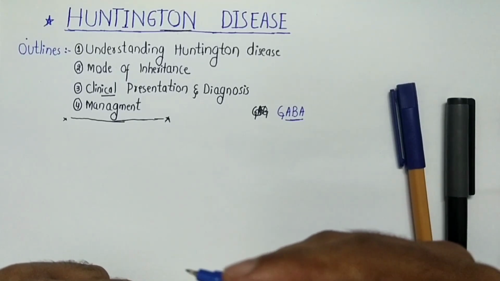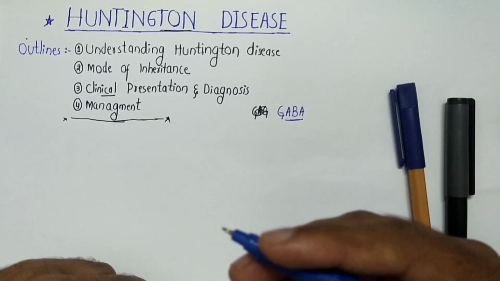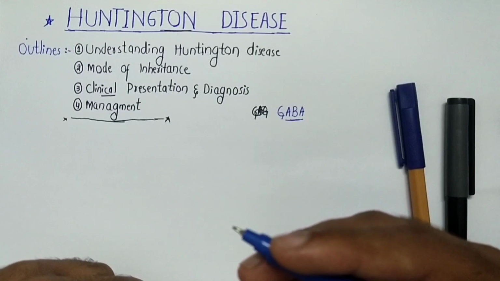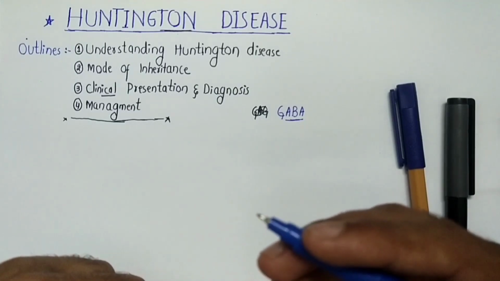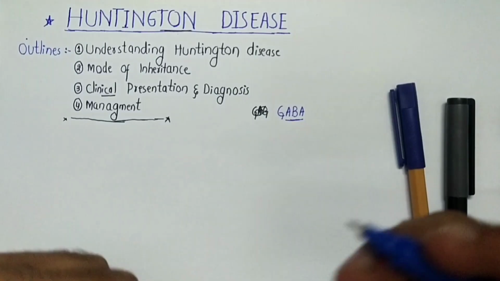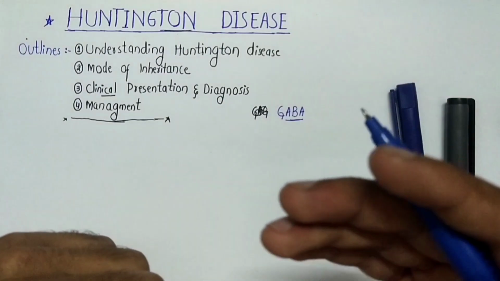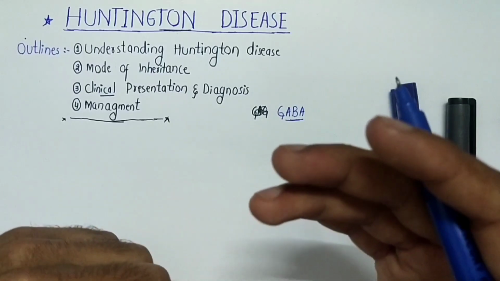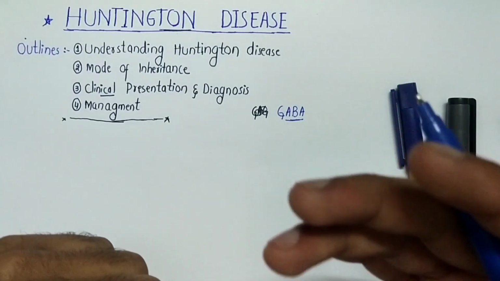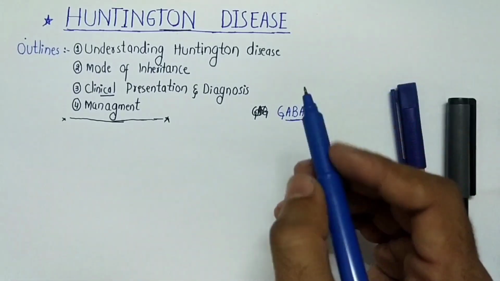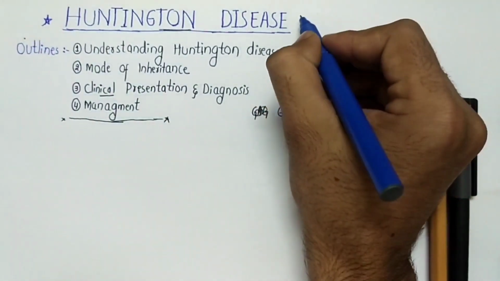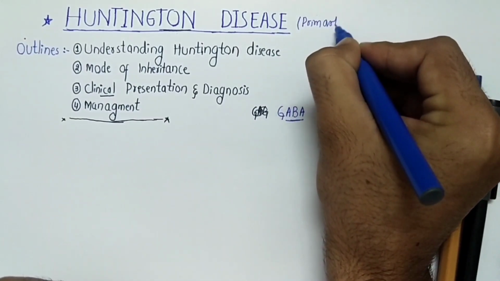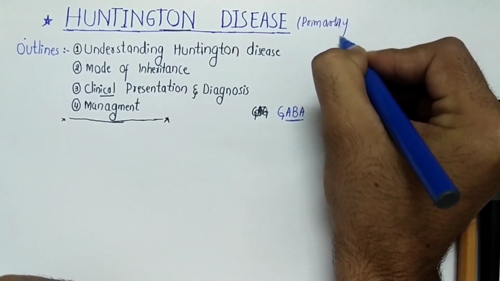This imbalance is manifested as purposeless movements of different parts of the body, known as chorea. So Huntington disease is primarily a movement disorder. Although dementia occurs, the memory problems occur late in the course of the disease, but this is primarily a movement disorder.